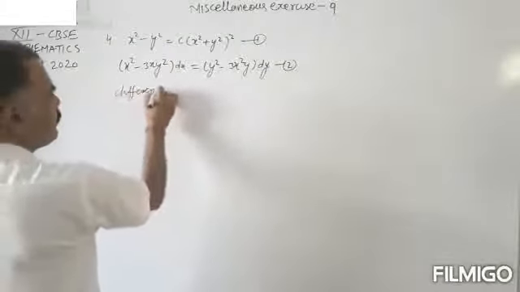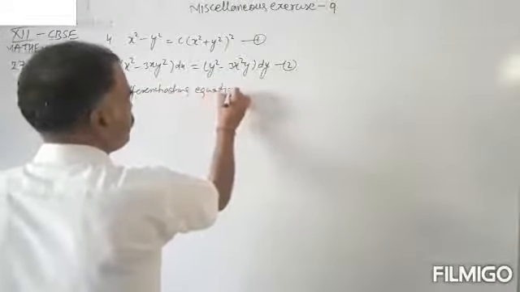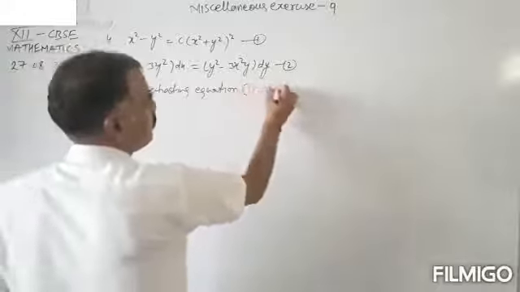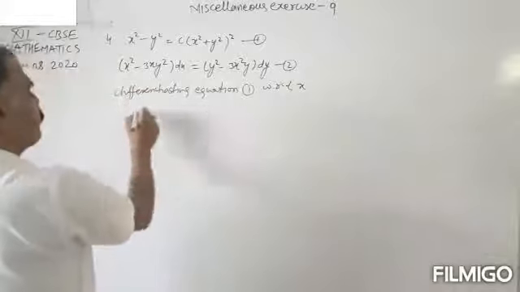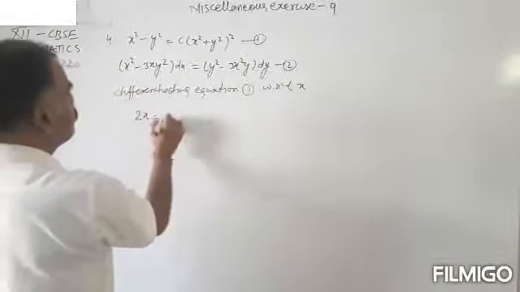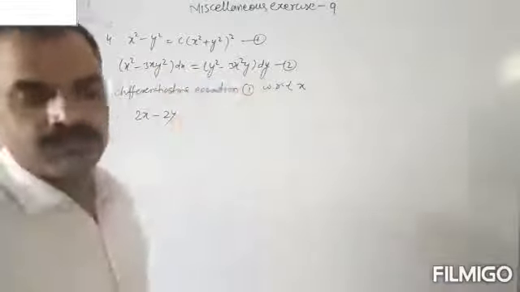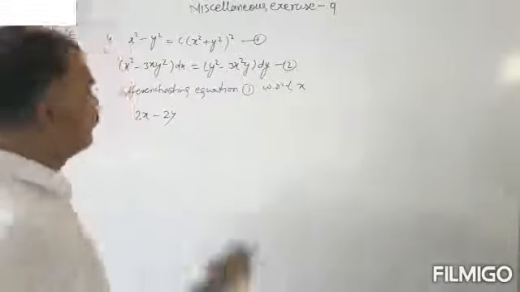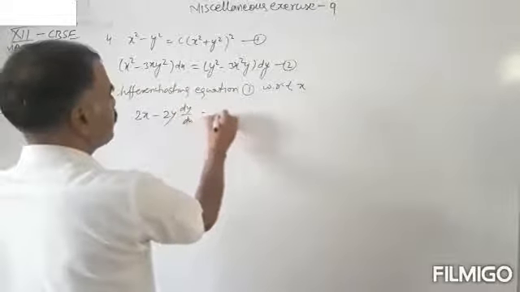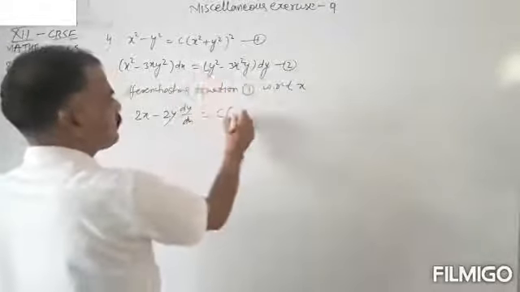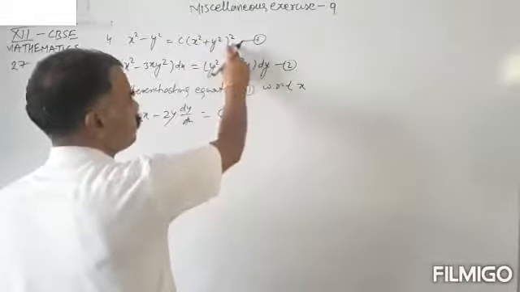So from first, differentiating equation first with respect to x, we have 2x minus 2y dy upon dx is equal to c into x square, differentiation of (x square plus y square) to the power 2.